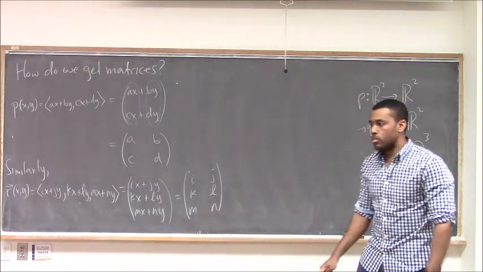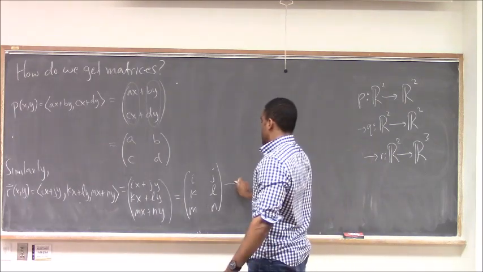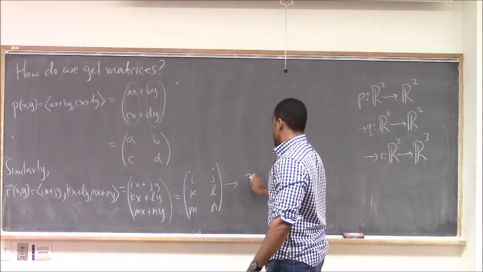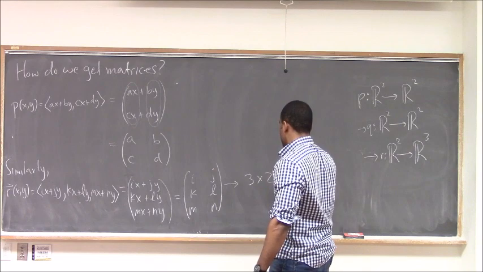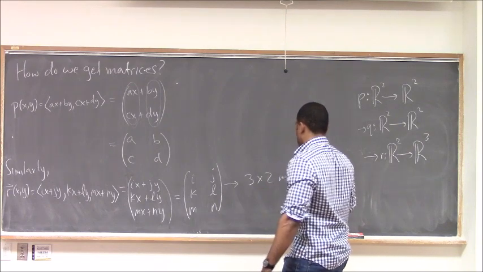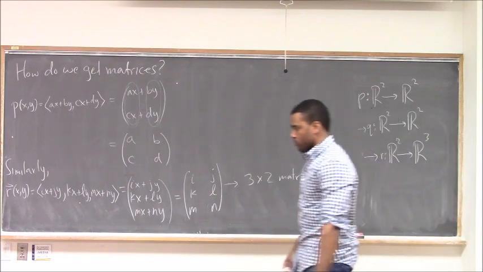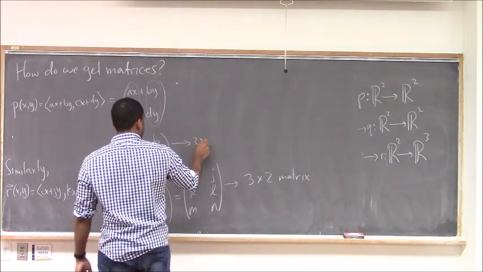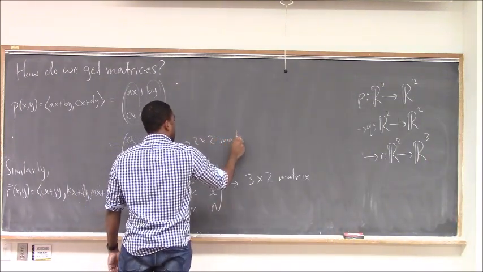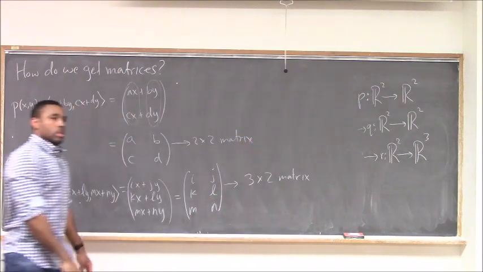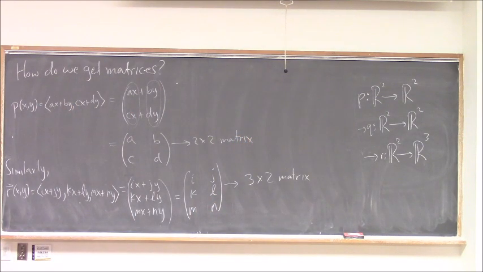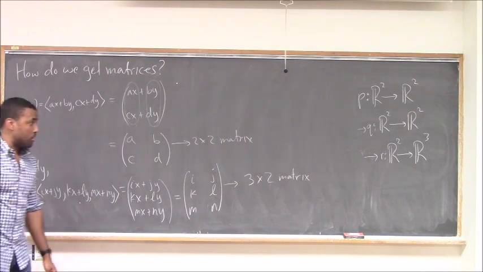Okay. So notice here, this guy, for example, is a 3 by 2 matrix, whereas this guy's a 2 by 2 matrix. And hopefully at this point, it might take you a while to think about it, and we're rushing to copy notes.